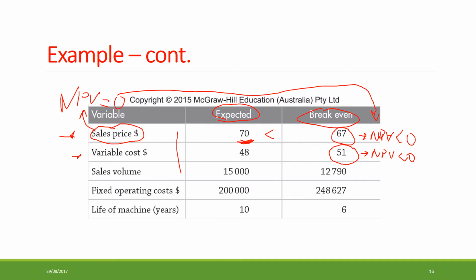So looking at our most likely scenario for the variable costs, the expected variable cost is $48. This is less than 51. So most likely our project will make a profit, right? So on and so forth.